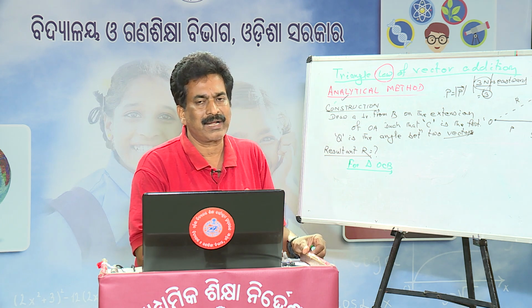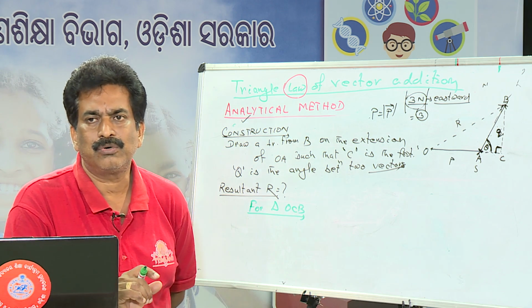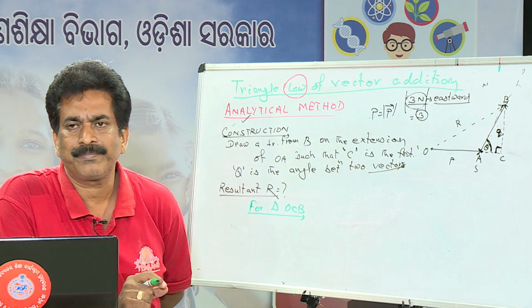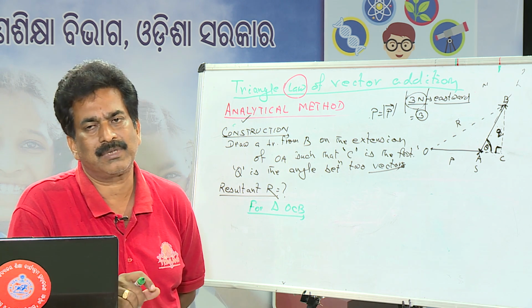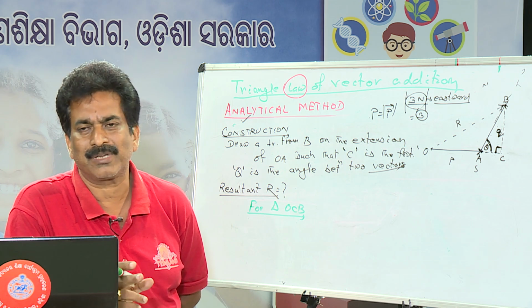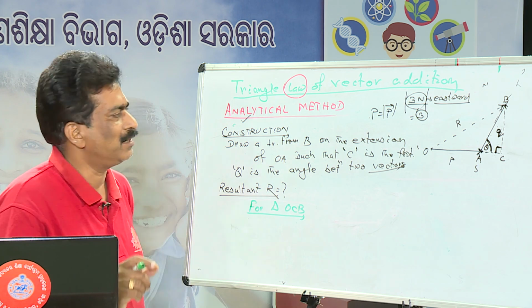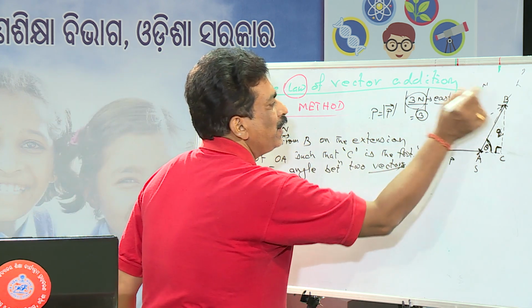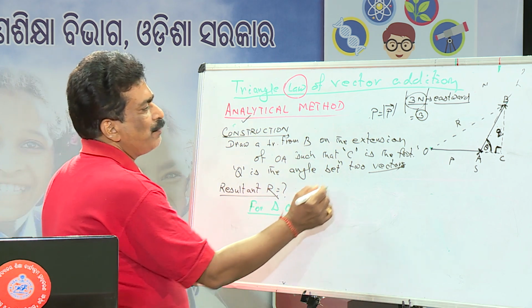In the right angle triangle, there comes the brother of Duryodhan. Who is the brother of Duryodhan? He is also the brother of Arjun, of Karna, and of Bhima. Who is that person? That is the kernel. You see OB. OB is the kernel. Kernel means the hypotenuse.